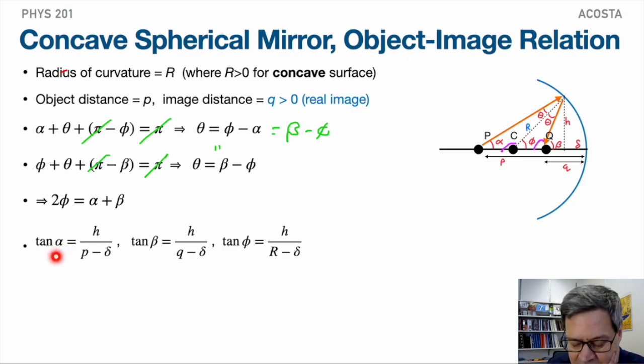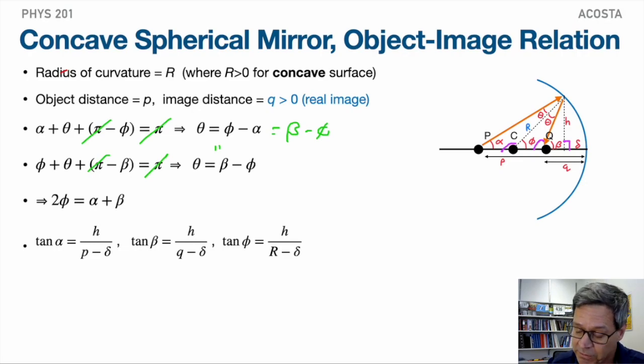So tangent of alpha is h, the height, over the object distance p, but we have to subtract off a little bit because of this curved surface. This small value delta is the distance where h meets and makes a perpendicular angle with the optical axis. Delta is that extra distance, and I need to subtract that in my tangent, so it's h over p minus delta.